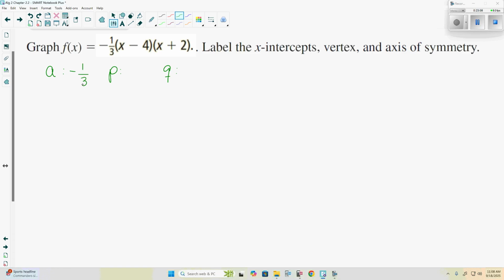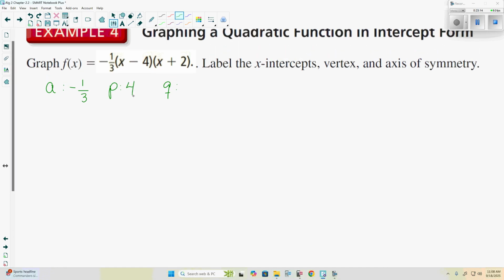Negative 1/3. What's the value of P? Positive 4. And Q is negative 2, because again, we're lining it up to our A times (x minus P) times (x minus Q). The x minus 4 gives us positive 4. The x plus 2 gives us negative 2.